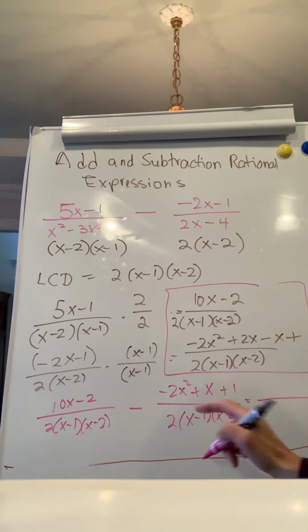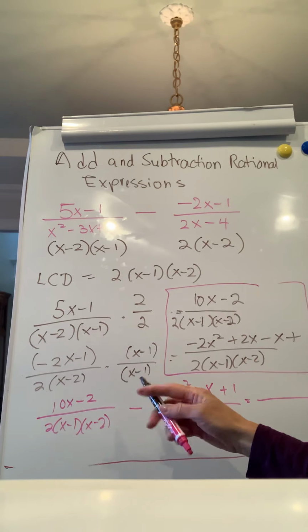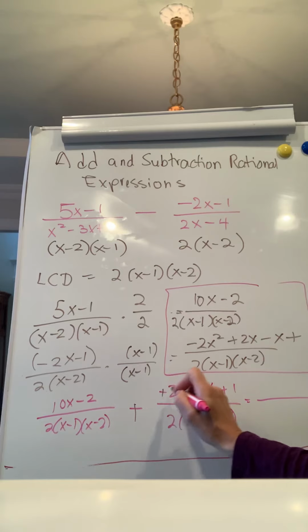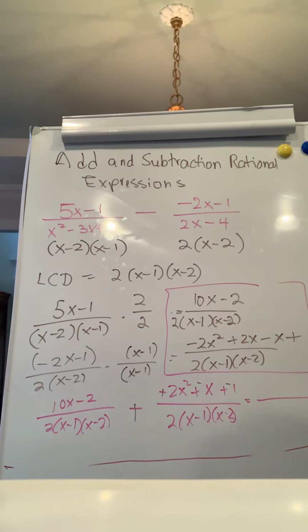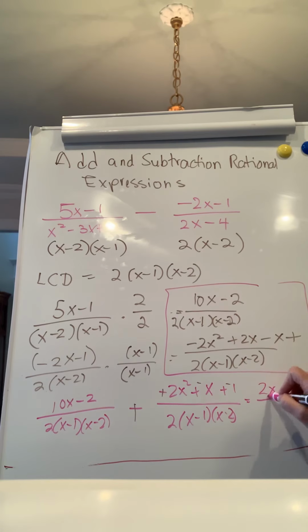All right, so my final answer here, I'm going to go ahead, change subtraction to addition, change all these signs in the numerator. So I'm going to get 2x squared plus 9x minus 3.